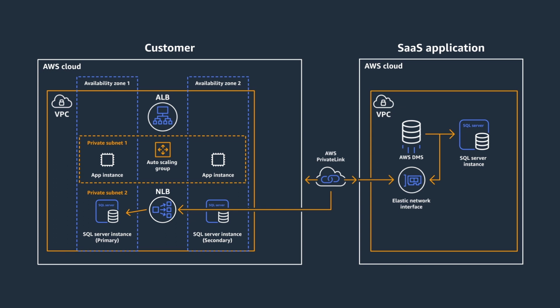Access to the interface endpoints can be controlled by endpoint policies. By default, endpoint policies allow full access to the service. So in this case, we need to tighten up the security and define an endpoint policy that allows only access from the DMS instance. So now we have everything in place from a security and networking perspective to continue with the setup of the database replication.